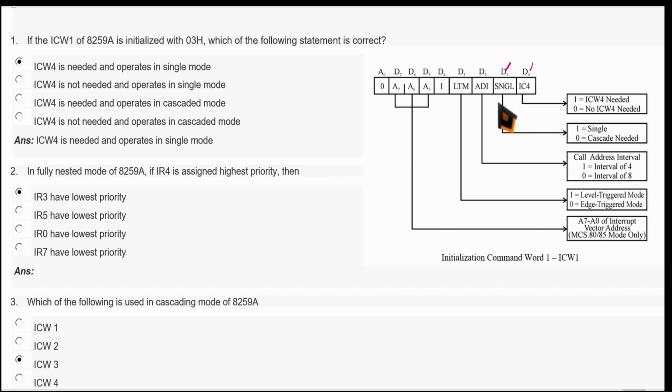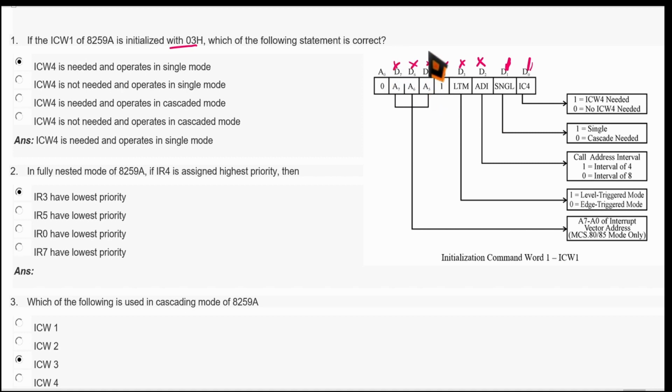Then this bit D1 should be set to 1 if only one 8259 is used, or it should be set to 0 if more than one 8259 are cascaded. So here the ICW1 is initialized with 03. That means this value should be 1, this value should also be 1. We need not worry about the remaining values. It may be either 0 or it may be 1.